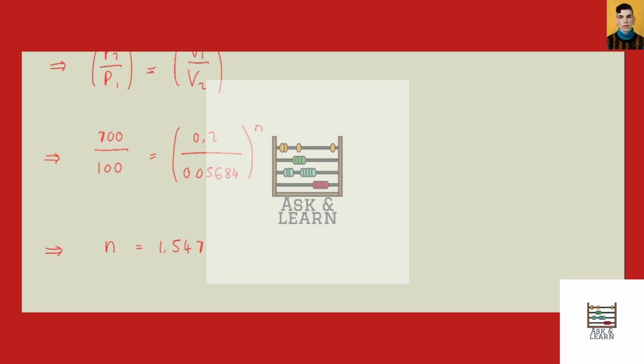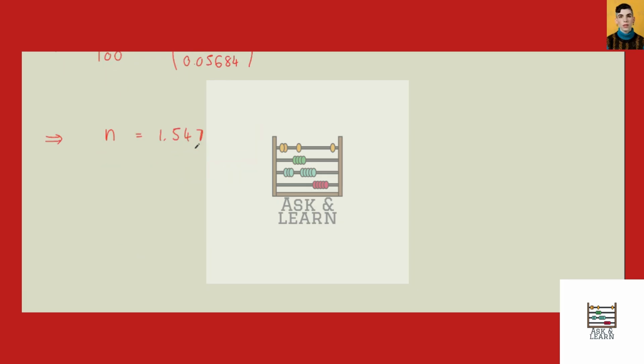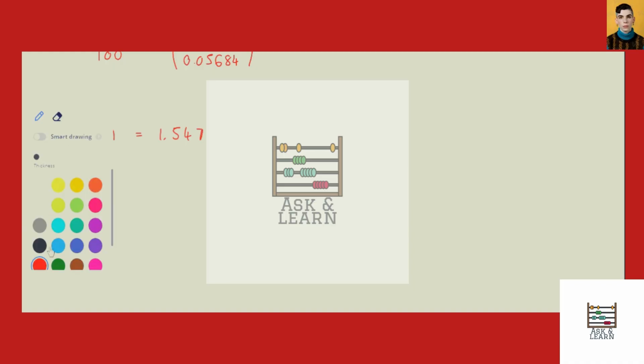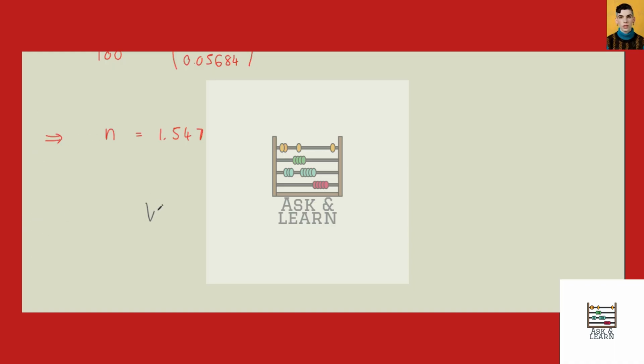Now that we have N, we can calculate the boundary work for the system. So the boundary work into the system is minus the integral between the two states of P dV. The minus sign is since the boundary work is into the system.